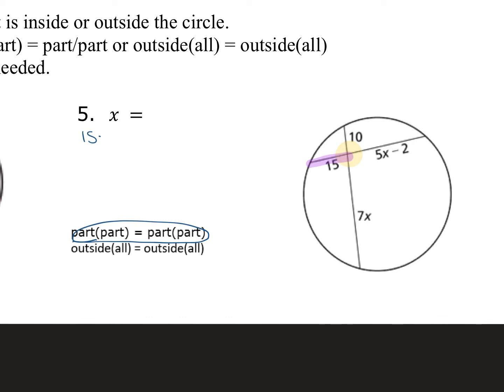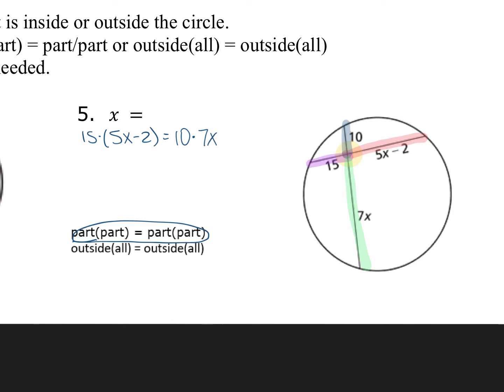The other part of that line is the 5x minus 2. So we're going to do times, and since there's more than one thing going on, we're going to put it in parentheses. So 5x minus 2 equals, and then back to our picture, the top part of that line is 10. So we're going to start off with 10 times, and then the bottom part of that line is 7x.